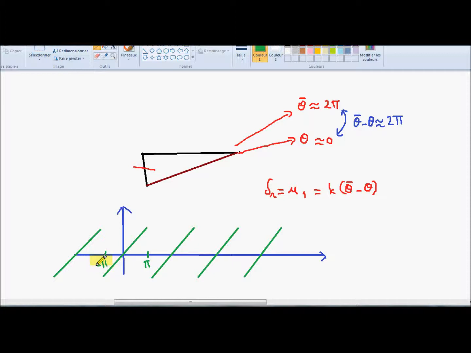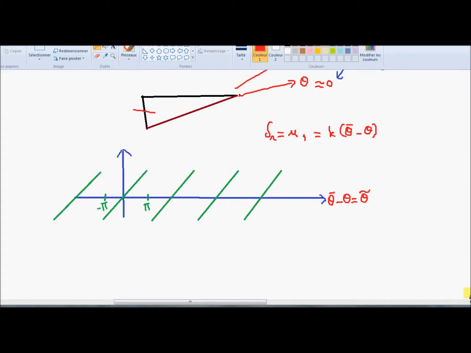Here I will represent theta bar minus theta. If I call it, for instance, theta tilde, the green function I am now representing will have this equation. Let's call it phi of theta tilde.